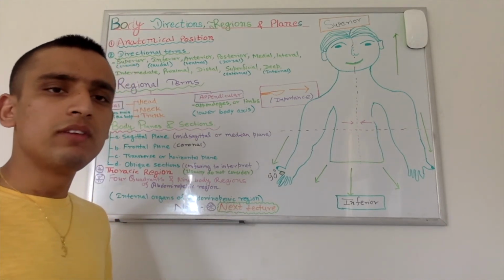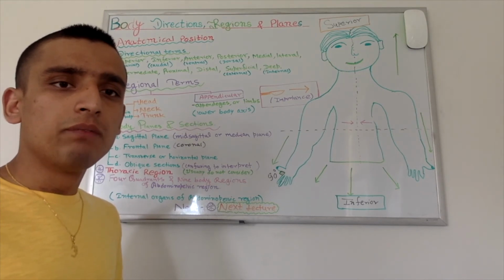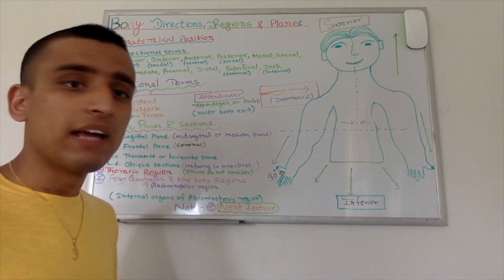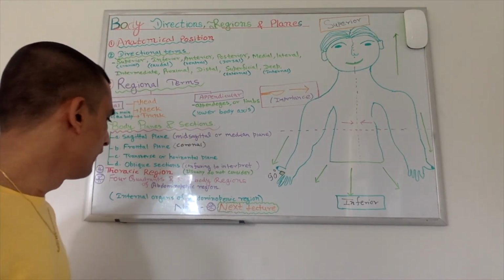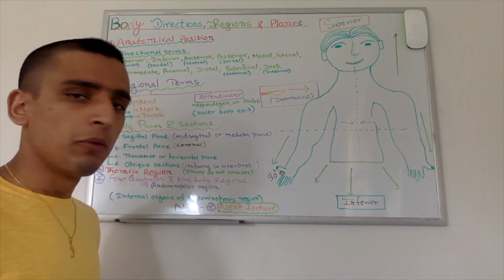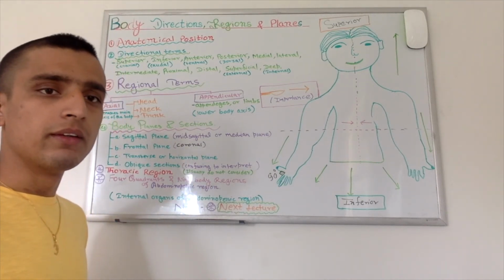We will see those 9 body regions and the internal structure, where you will find different types of organs, and you will list those organs. The internal organs of the abdominopelvic region and the thoracic region will be covered in the next lecture.